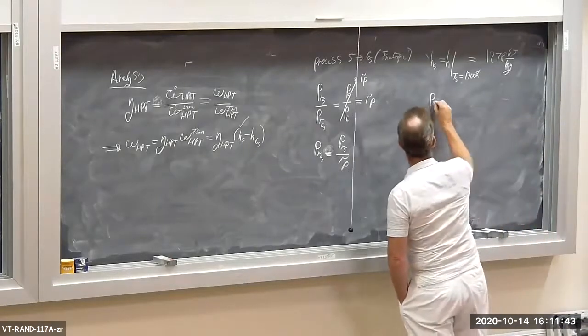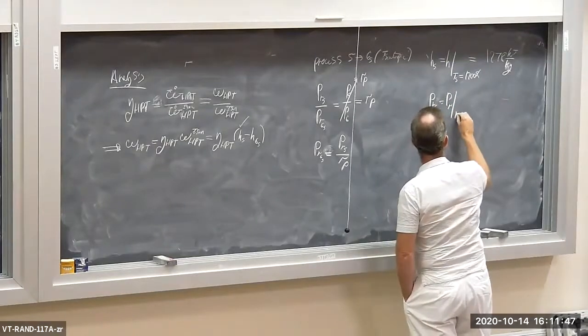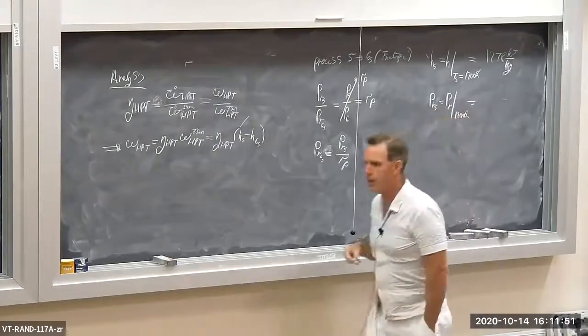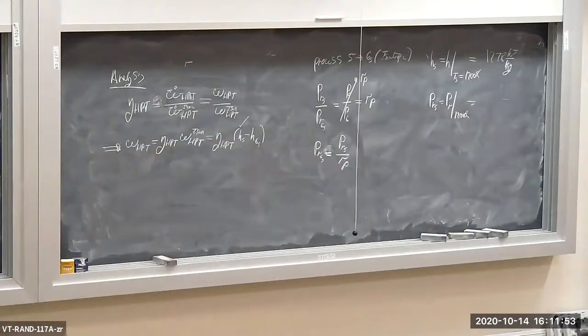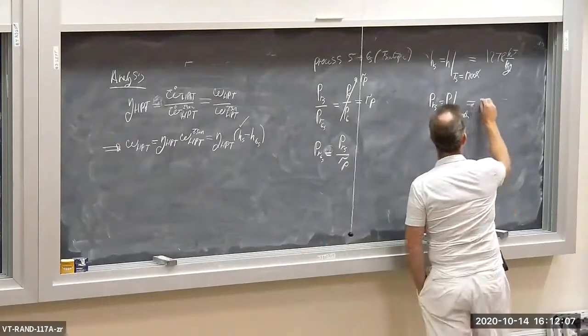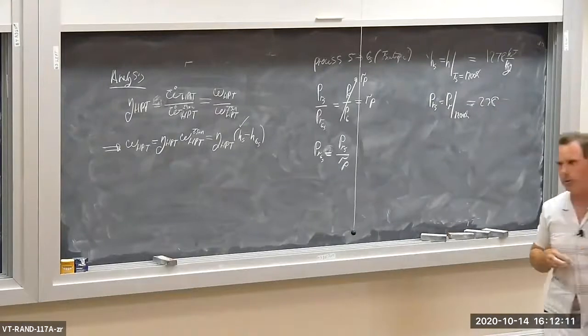PR5, that is PR evaluated at 1200 degrees Kelvin, which is T5. And I get a PR5 of 238. That's pretty high. 238 is PR at 1200 degrees.